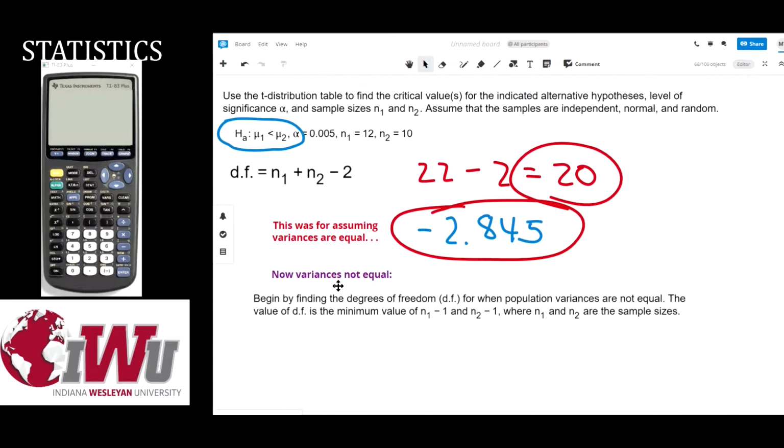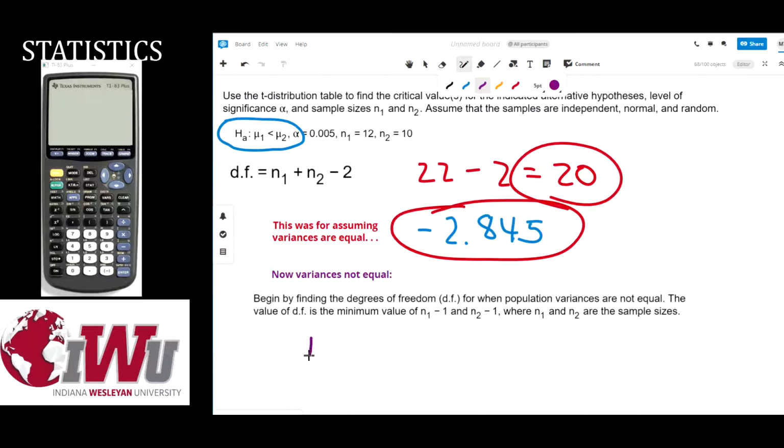So with variances not equal, we begin by finding degrees of freedom again, but this time the degrees of freedom are going to be the minimum of n1 minus 1 and n2 minus 1, where n1 and n2 are the sample sizes. So what would be the minimum there? We take the 12, let's get the pen.